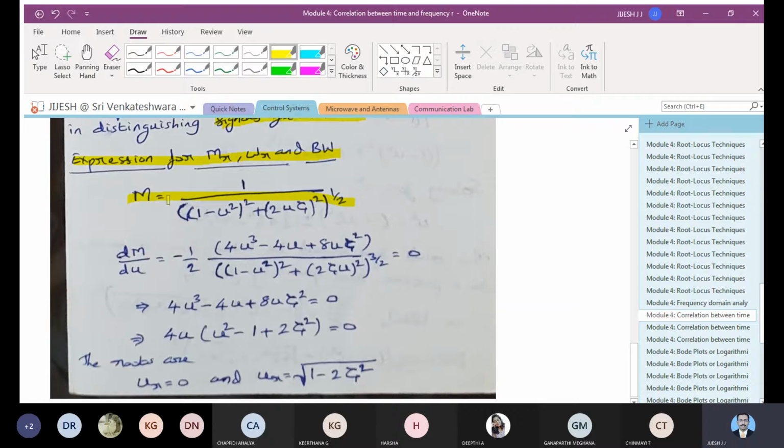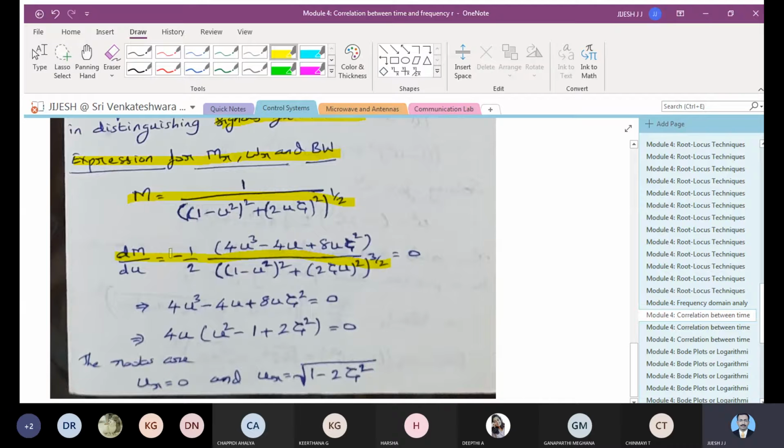When you differentiate with respect to u, you get dM by du equal to minus 1 by 2 times 4u cube minus 4u plus 8u zeta square, divided by 1 minus u square whole square plus 2 zeta u whole square, everything raised to 3 by 2, equal to 0.